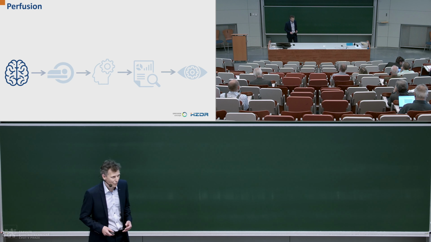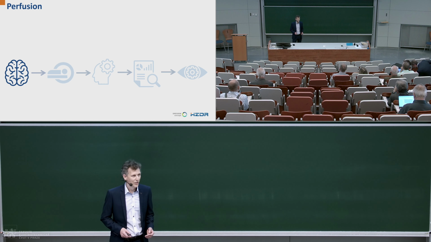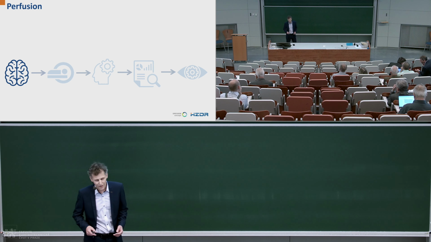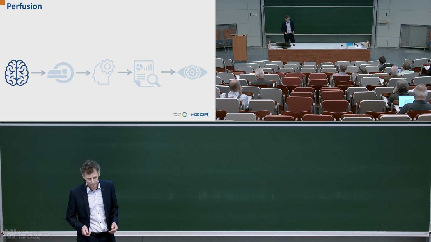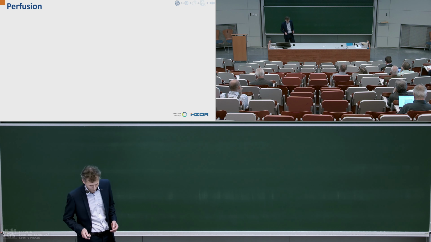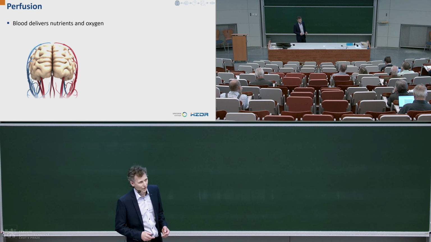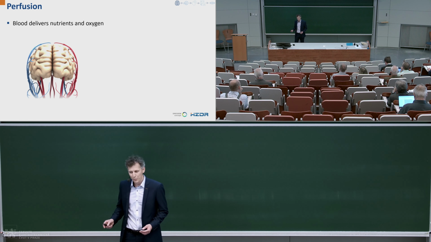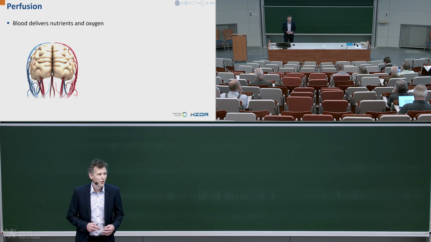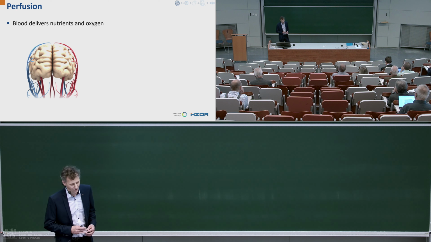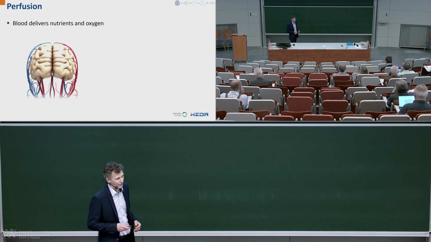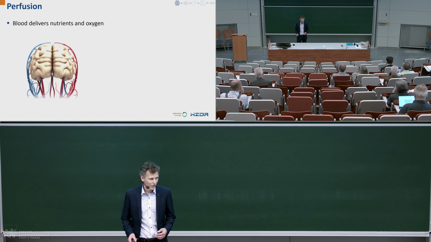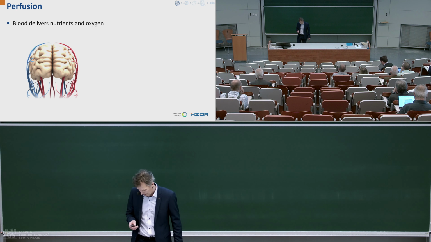So, perfusion. For simplicity, I will focus only on perfusion in the brain, as this is the main topic of my research. As everybody knows, the brain is in constant need of an uninterrupted supply of oxygen, sugar, and other nutrients. All these are delivered to the brain through blood by a network of vessels.